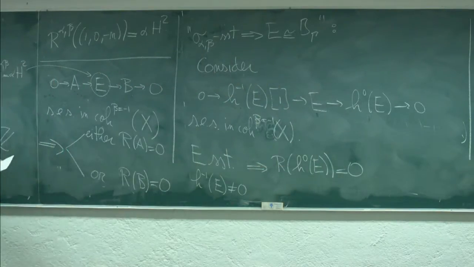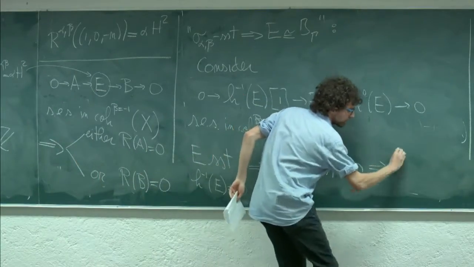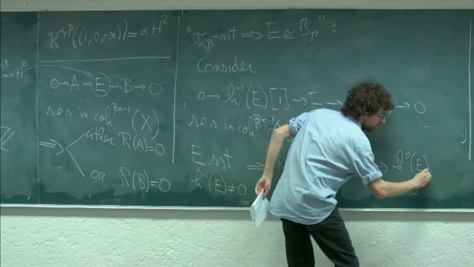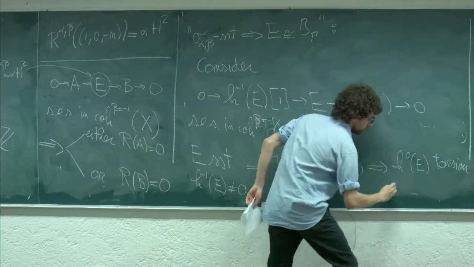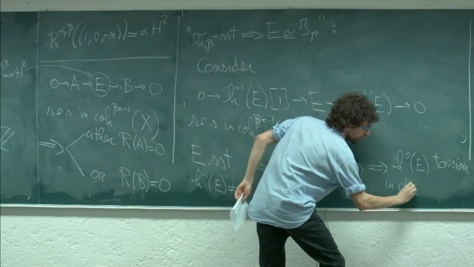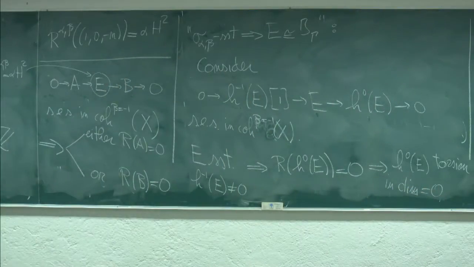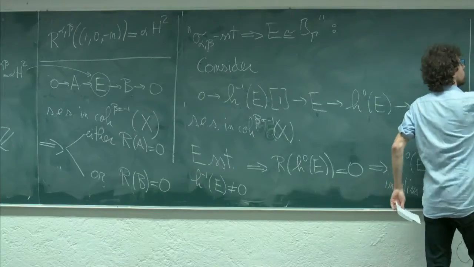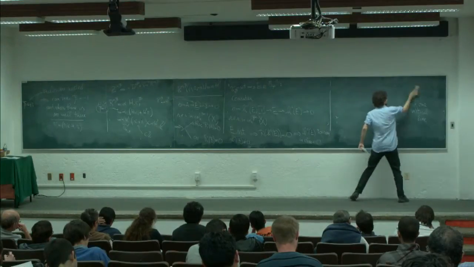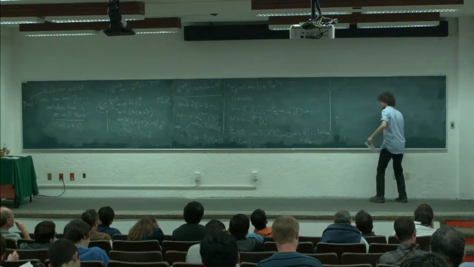And if this guy is rank 0, but is in H0, that's what we proved in the lemma a long time ago. H0 has to be torsion in dimension 0. This is what we proved really yesterday, essentially. Okay, so that's the trick. And then that's it. Because then I get a contradiction. I don't want to spend so much time on this thing, but how do I get a contradiction?